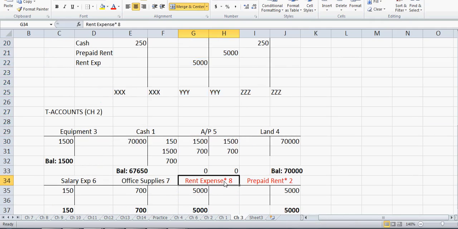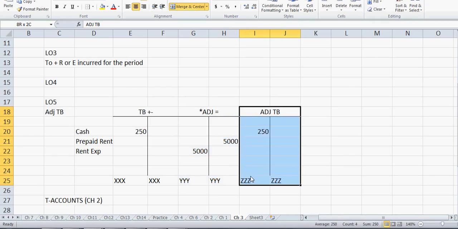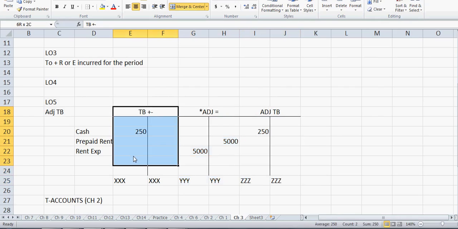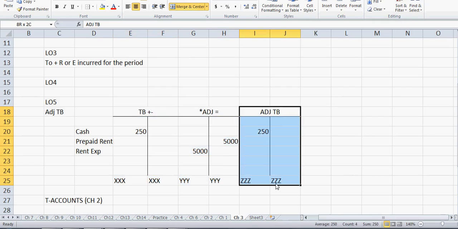These were my adjusting entries, and so they'll go under our adjusting column. We're not going to combine them with our trial balance. And now we have what's called an adjusted trial balance, where we merge our trial balance entries with our adjusting entries, which will merge together.